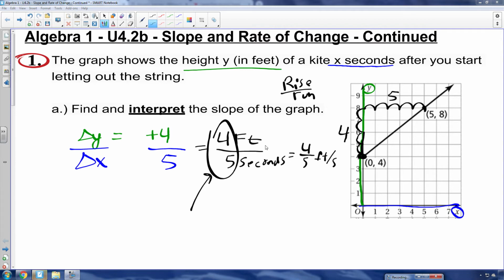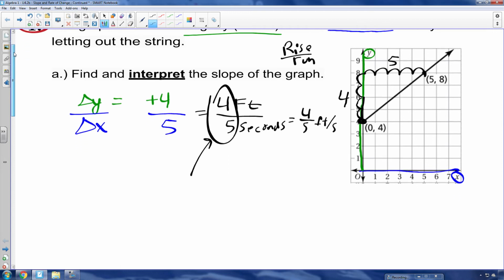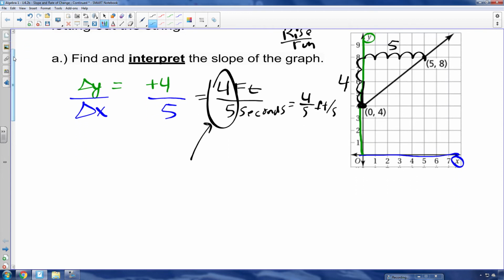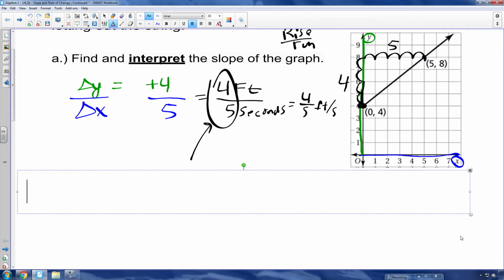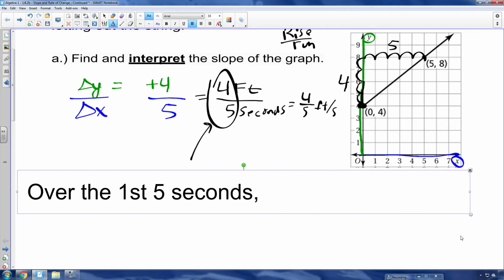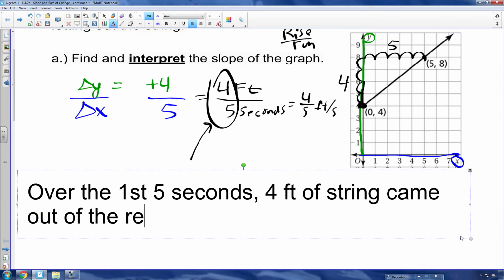So what does this mean? It means the following, okay? And I wouldn't mind typing this out. I want you to interpret the graph. I guess what I would say is, over the first 5 seconds, 4 feet of string came out of the reel.